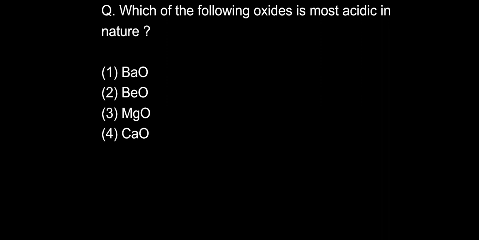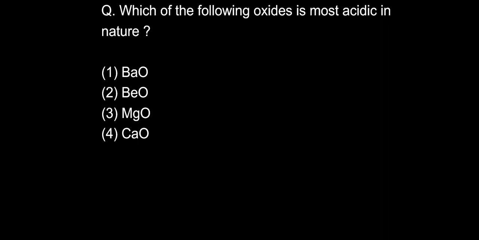So when we move down a group, like group 2, the metallic character increases down the group, the electropositive character increases down the group. So when metallic or electropositive character increases, definitely acidic character will decrease.